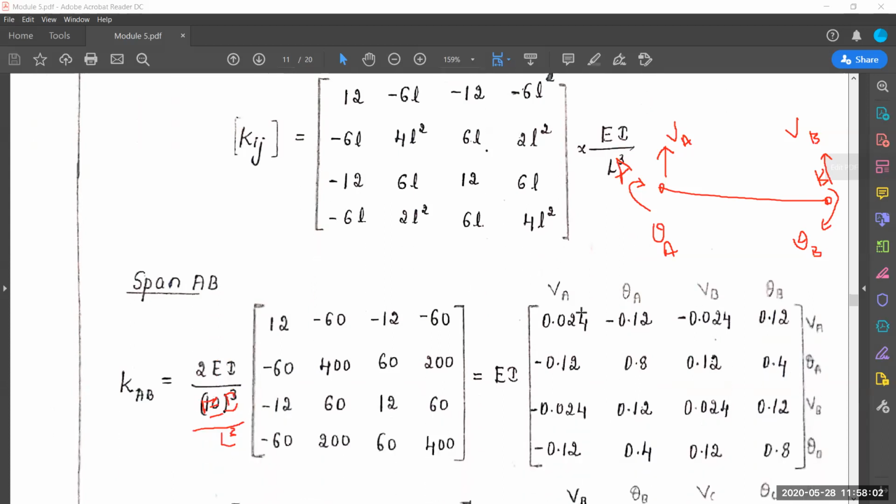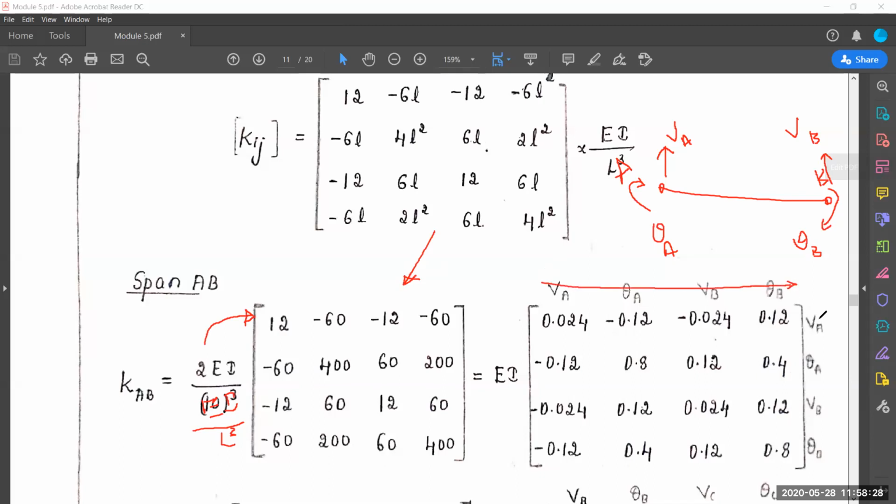Now observe the order. How to write the order is a very important thing here. EI by L cube, this calculation you can do. There is no confusion, I think. Once you get this 2 by 10 cube, you get some value, and you multiply that value inside for all the elements. Done. Writing this order is very important.